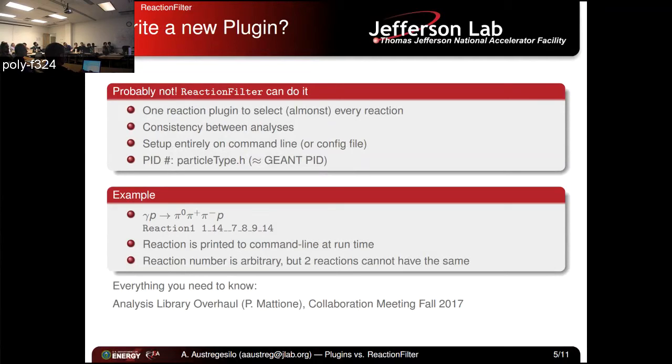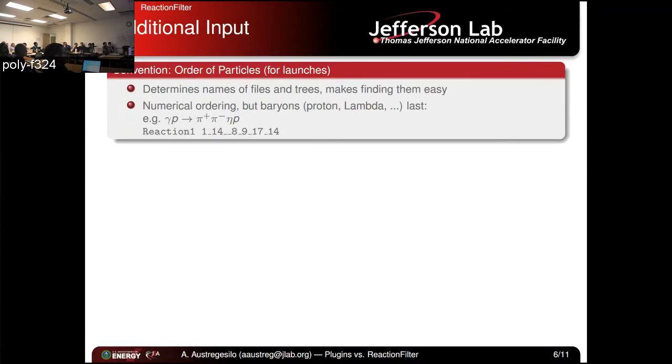Now, again, Paul gave a big presentation last fall in the collaboration meeting about all the things he put in and everything you ever need to know about the reaction filter. I just focused on a few details here, which are maybe useful to put in one slide.